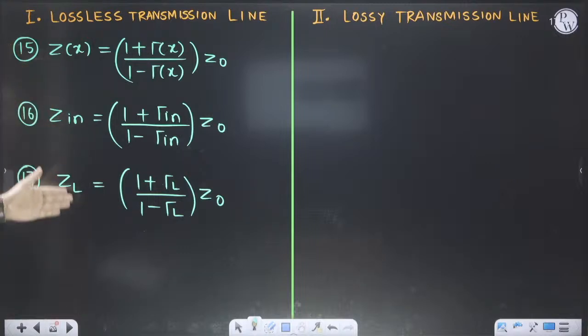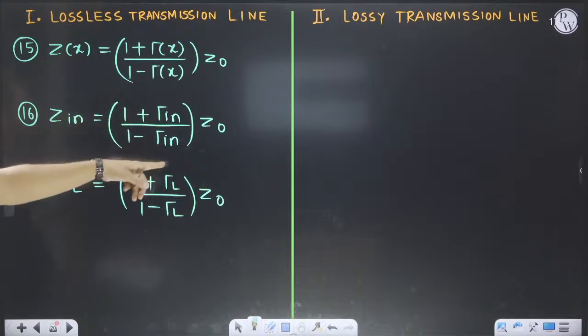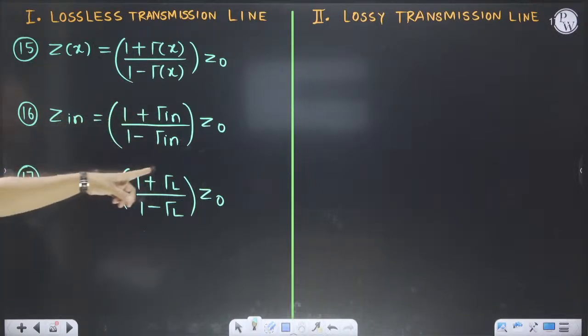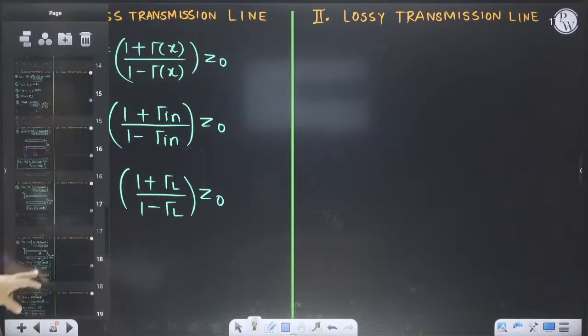So these are the formulas: reflection coefficient at a distance x, reflection coefficient input side, and reflection coefficient at load. These are all the formulas.